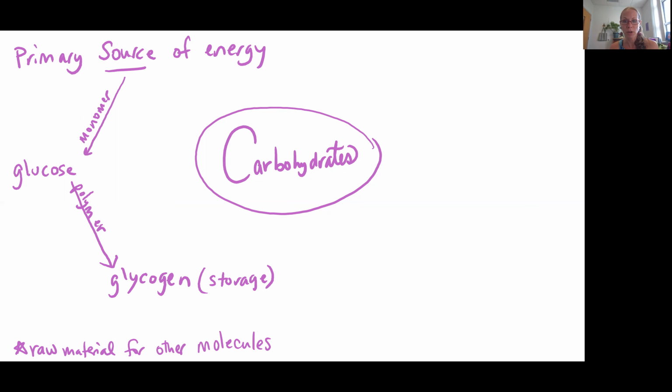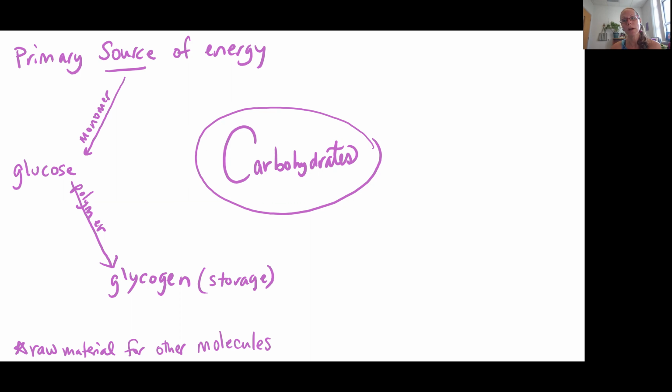You will, as part of the process of photosynthesis, make carbohydrates, and then you'll use those carbohydrates to make energy in your cells, but also to make other molecules that your cells need, such as your lipids and your proteins. And we'll see that that's not just true for plants and producers, but that's true for other cell types as well. So this is another job for carbohydrates.